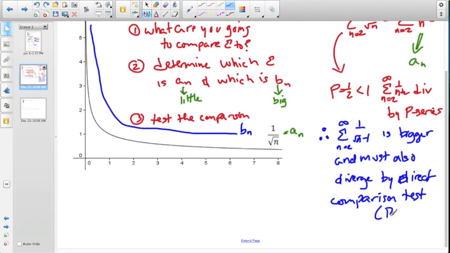I usually write direct comparison DCT, direct comparison test.